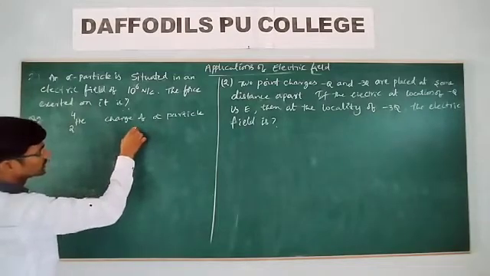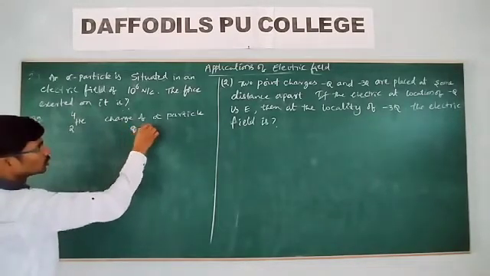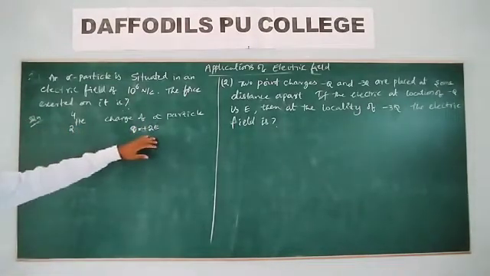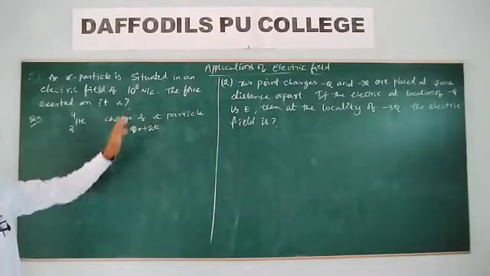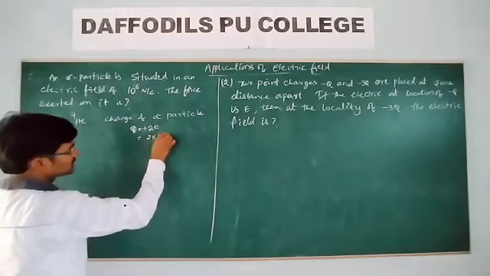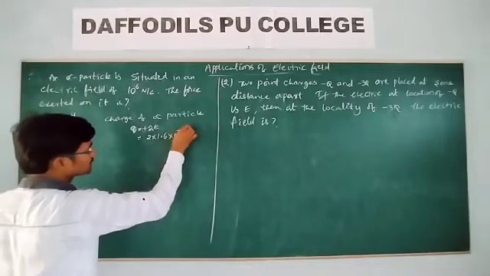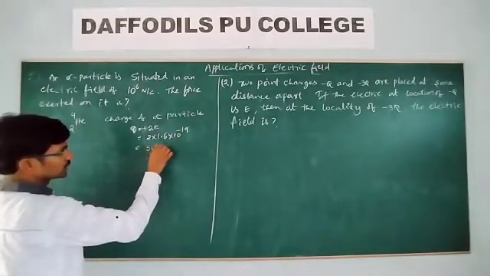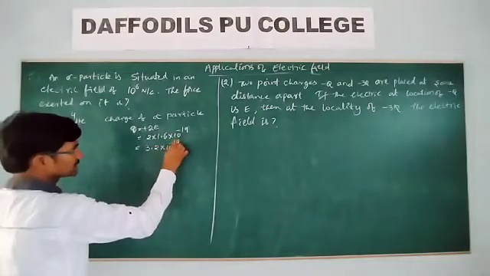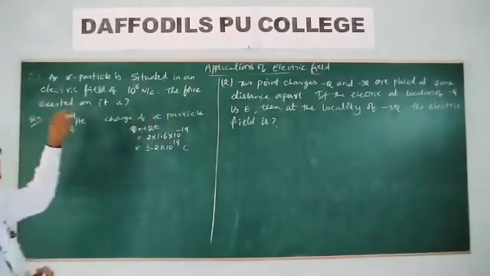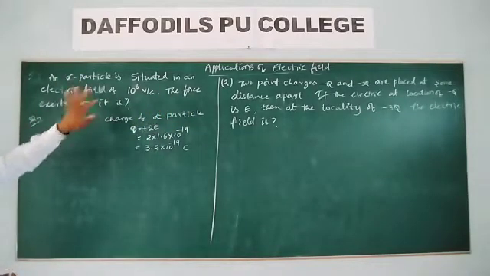Q is equal to what? 2 into E, plus 2E. The 2 protons, the charge of the proton is E, but opposite will be the electron. That is equal to 2 into 1.6 into 10 power minus 19 coulomb, which is 3.2 into 10 power minus 19 coulomb. But they are asking the force exerted on the alpha particle.